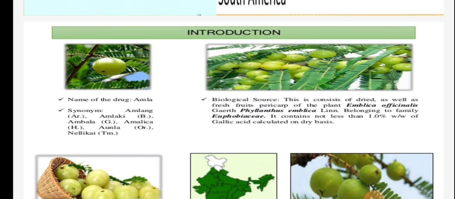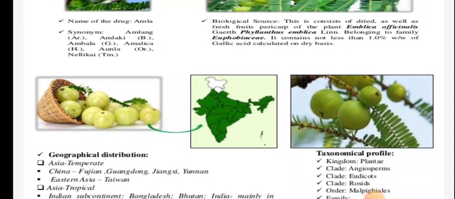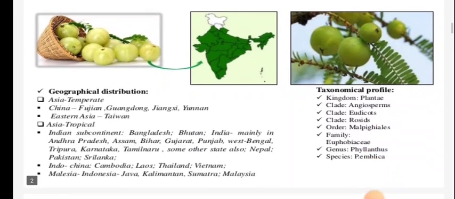Botanical name is Emblica officinalis, belonging to the family Euphorbiaceae, and its old synonym is Phyllanthus emblica. Here you are observing good photographs and a map of India showing the rich occurrence of this fruit.